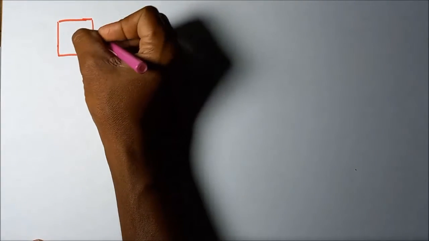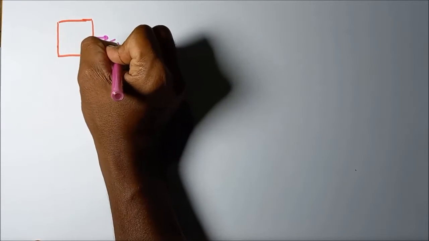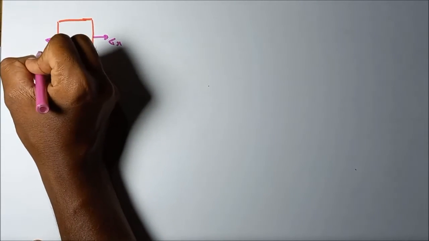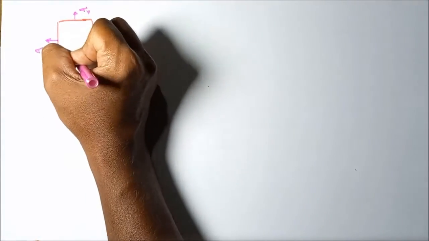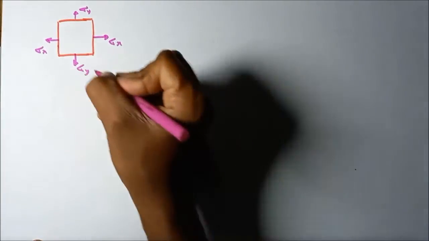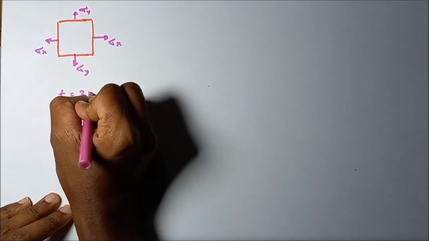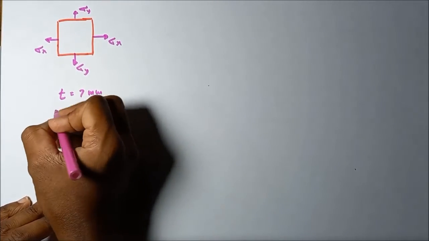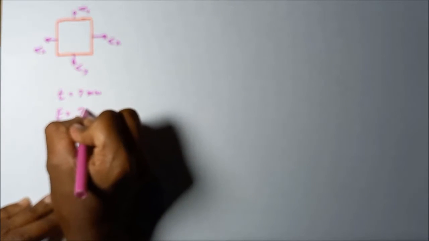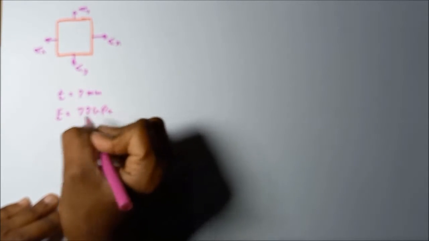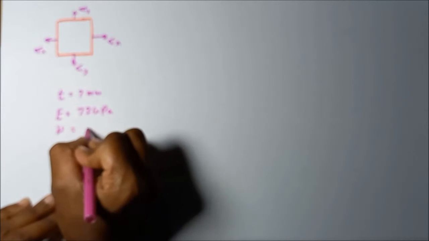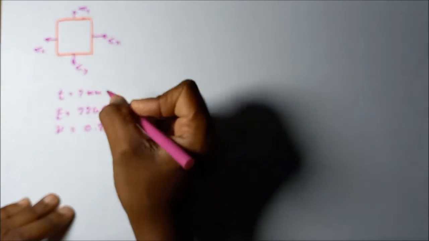Okay, let me draw the figure first. Let's take in this direction the sigma x, in this direction the sigma y is acting. Then the thickness of the plate is given as 7 millimeter, and also the elastic modulus E is equal to 73 gigapascal, and the Poisson ratio is given as 0.33.